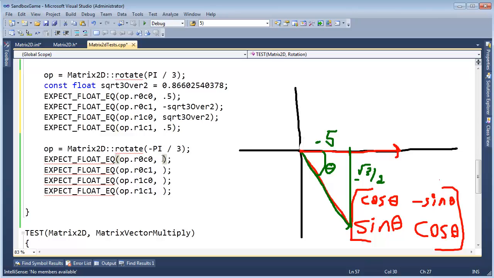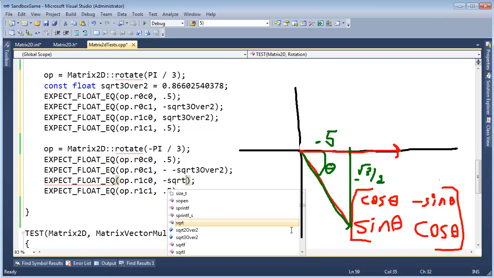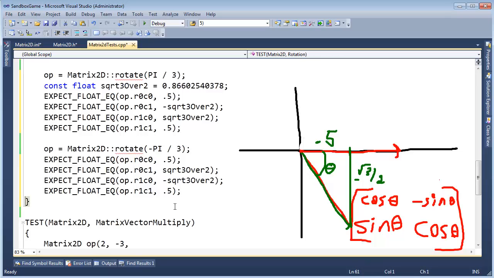Cosine's 0.5, so I'm just going to put 0.5s in for the cosines, make that easy. And then again, we have the negative of the negative, so negative of negative square root 3 over 2. And then this is going to be negative square root 3 over 2. Well, again, negative of a negative is just a positive, so I think we're good there.